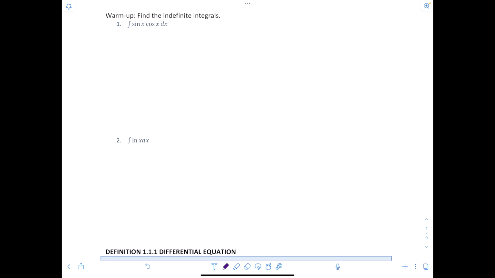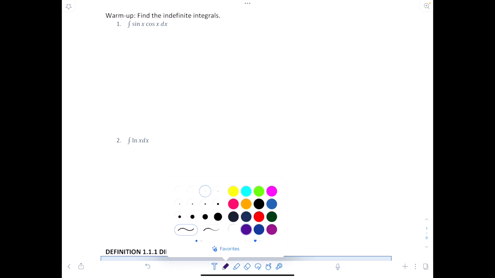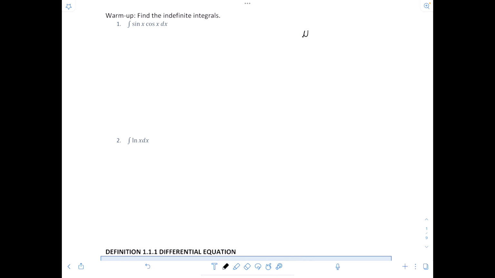Here, you can either use pattern recognition, seeing that the cosine function is the derivative of the sine function, or we can do an actual u substitution, changing the variables. If u is equal to sine x, you could have done cosine x as well, but then you would have needed to adjust by a factor of -1. Then our du is equal to cosine x times dx.